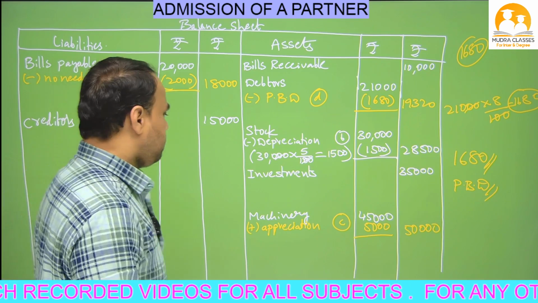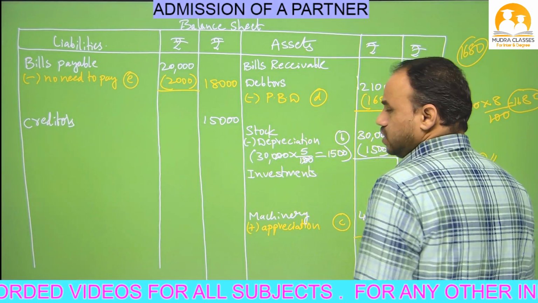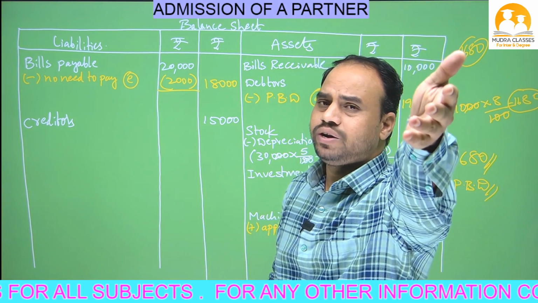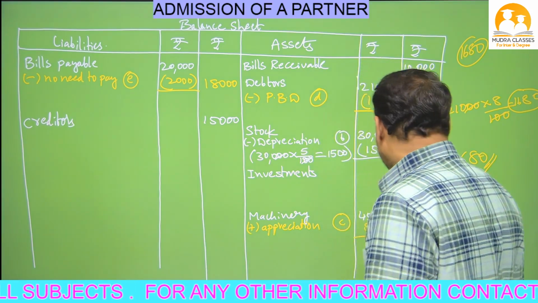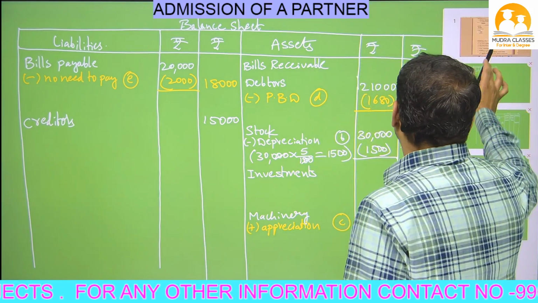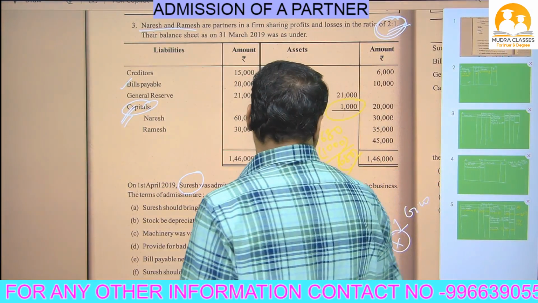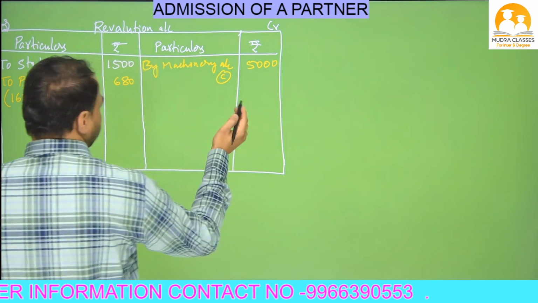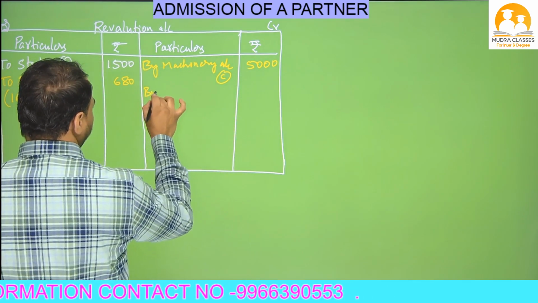Okay, this is a profit to the business, beta, because actually we are liable to pay 2,000 rupees, but that other person is saying no need to pay. That means it is a profit to the business. So one more time we will write in the revaluation account, credit side, because this is a profit.